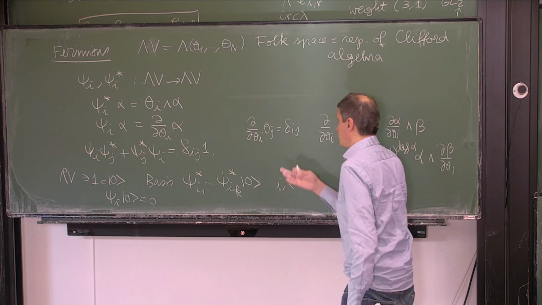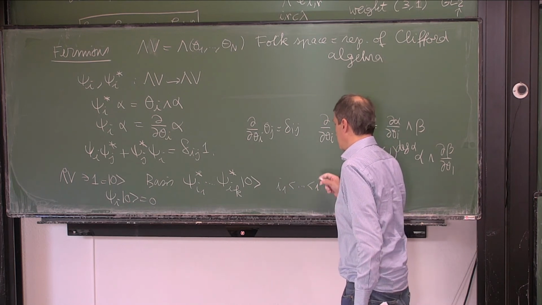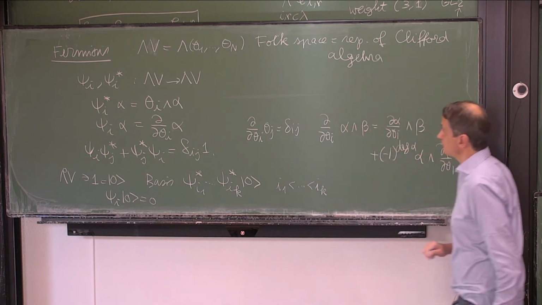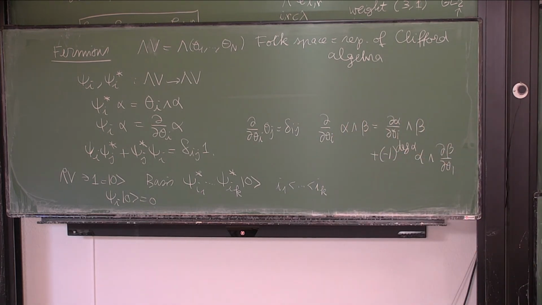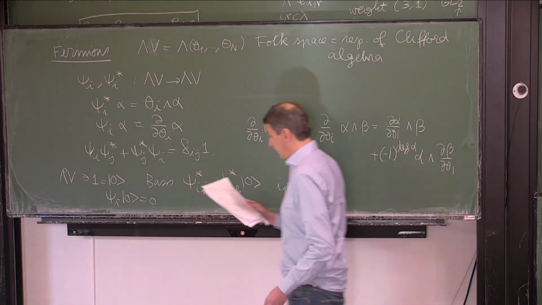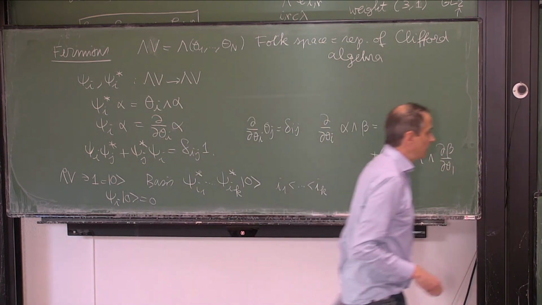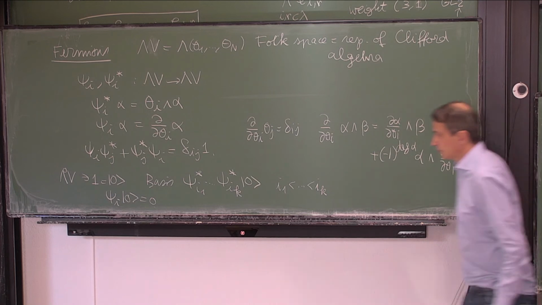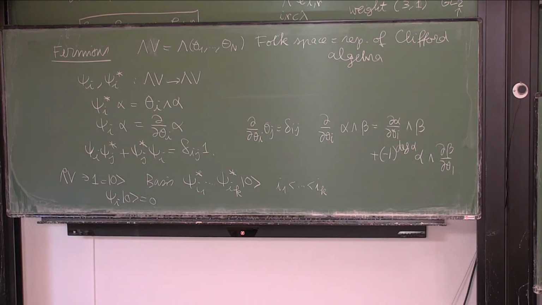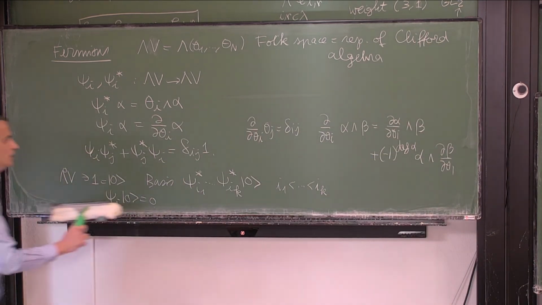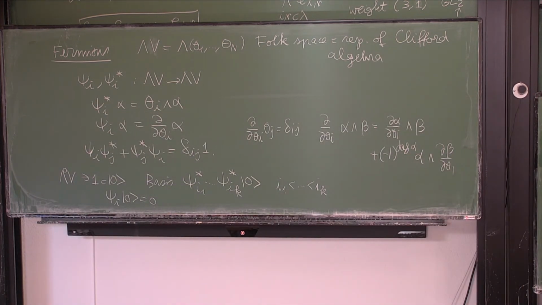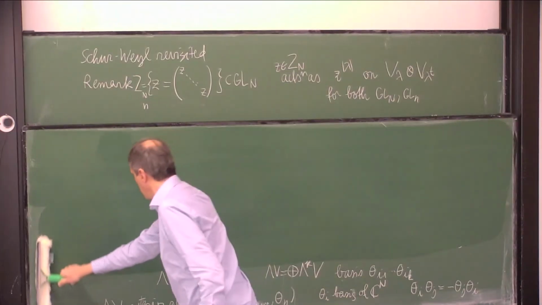So psi star squared is 0, psi squared is 0. So you can do this. Okay, so this is a kind of physics notation. And then you have an action of gl_n. Maybe I will not say much.